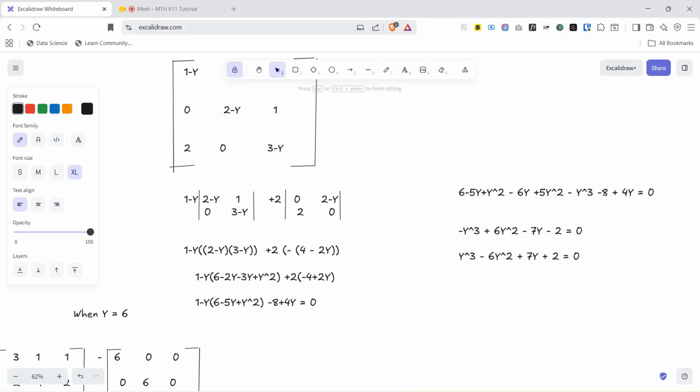So now that we've gotten this, it will now mean the same thing as A raised to power 3 minus 6A raised to power 2 plus 7A plus 2I equals to 0.